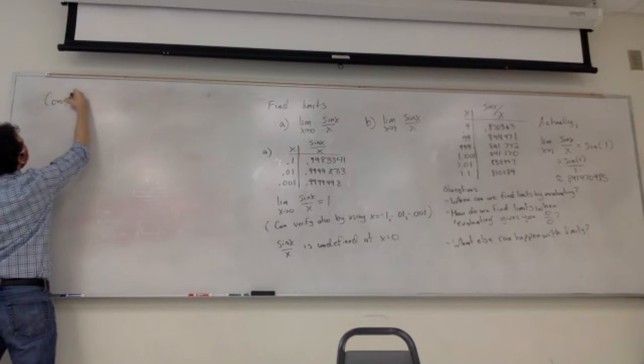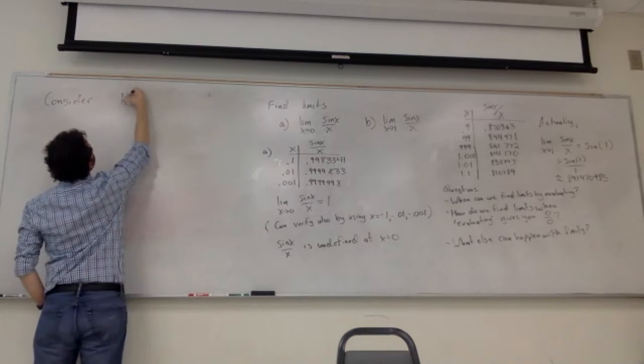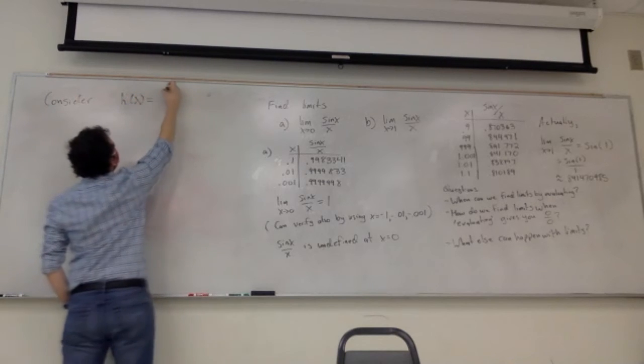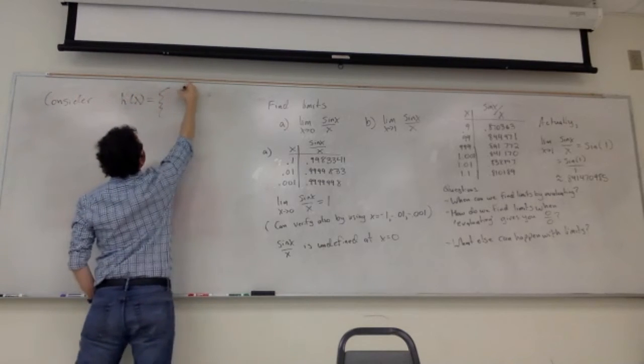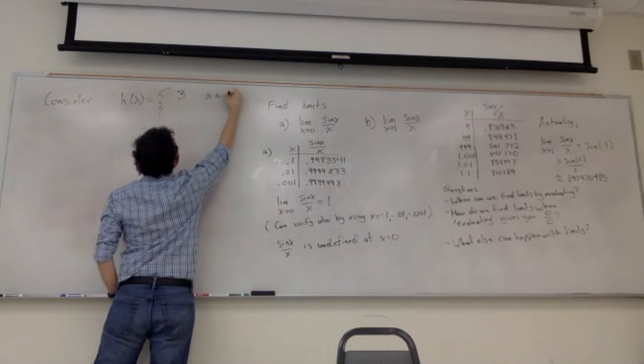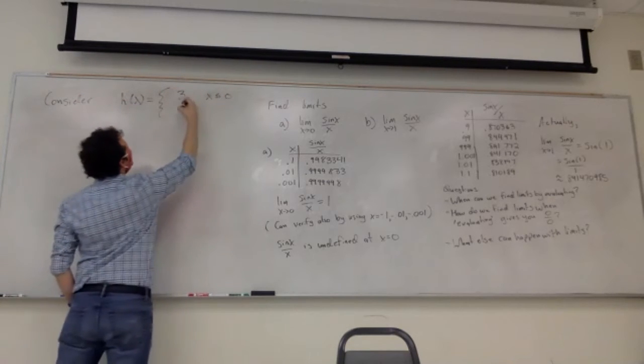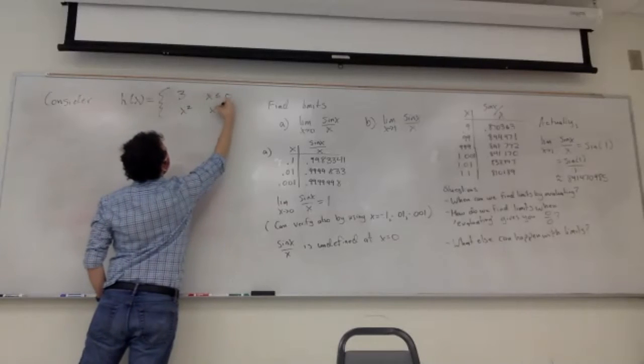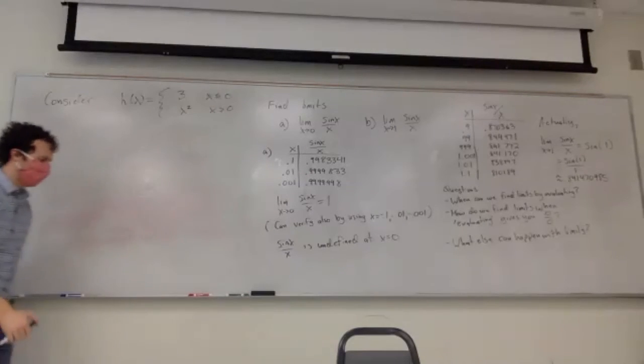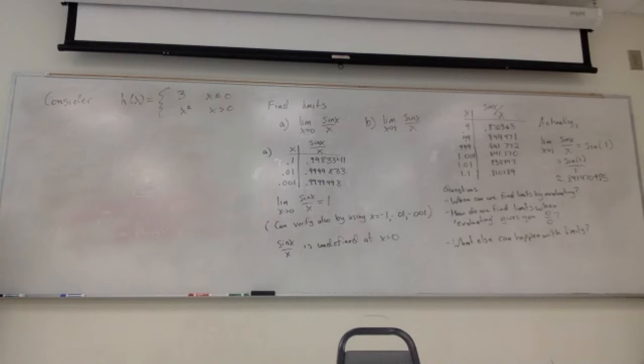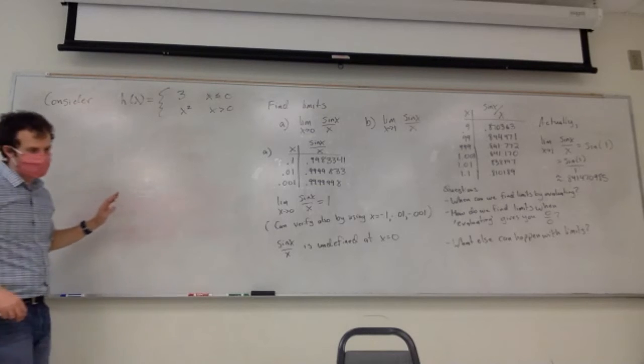So let's look at this piecewise function, which is 3 if x is less than or equal to 0, and it's going to be x squared if x is greater than 0. So what does the graph of this look like?